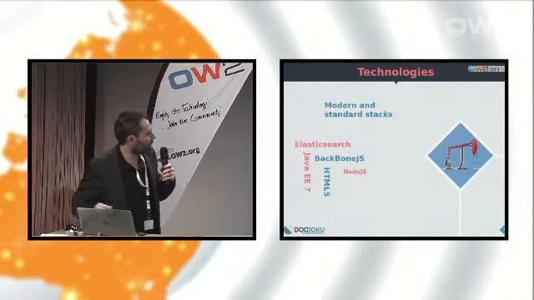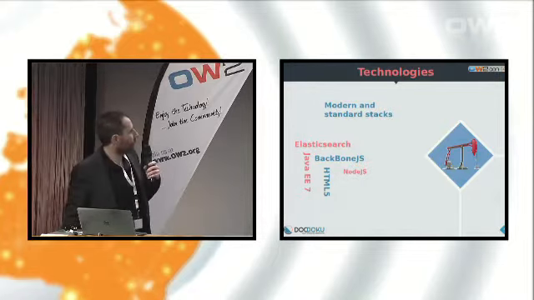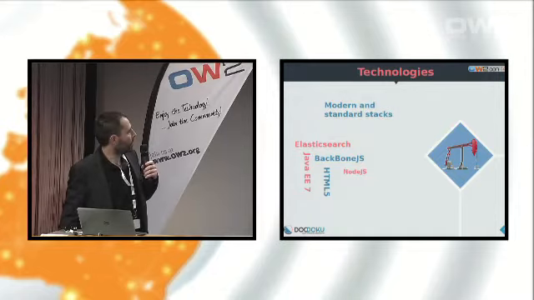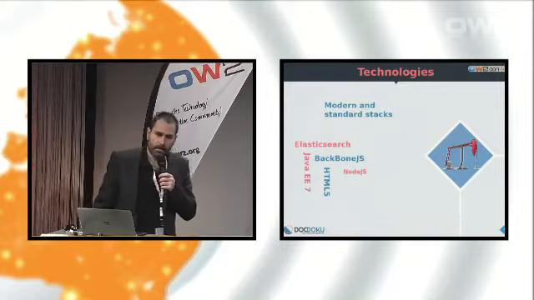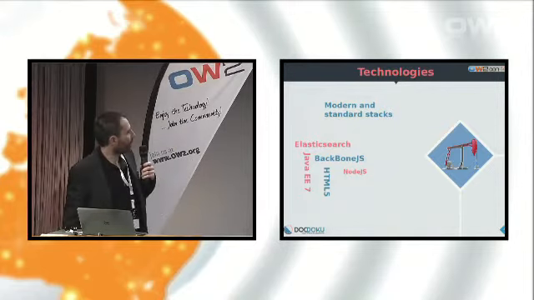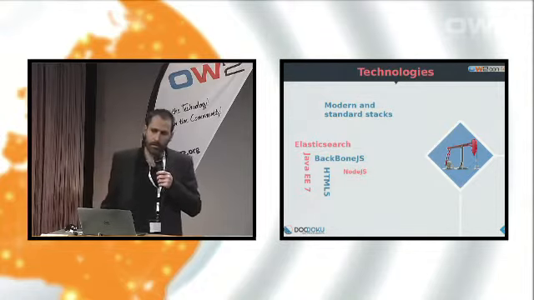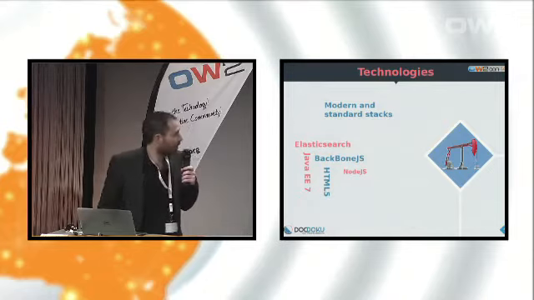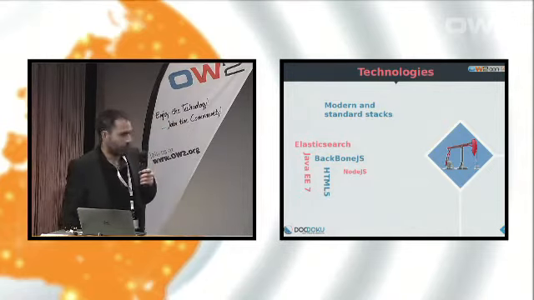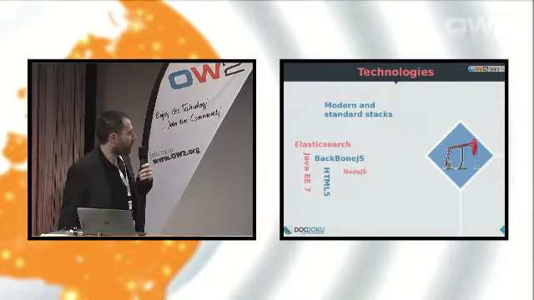So this is a slide on what technology we use. The backend is mostly developed in a regular Java EE7 stack. We also use Elasticsearch for indexing documents, indexing parts. The front end is developed using Backbone.js.